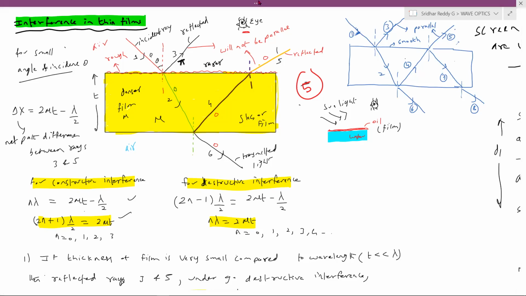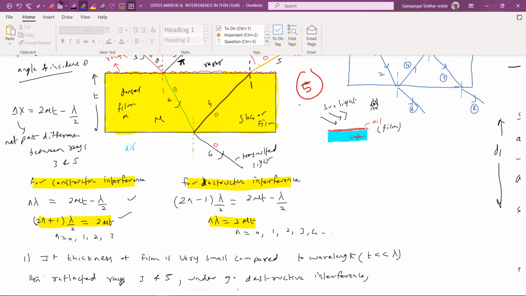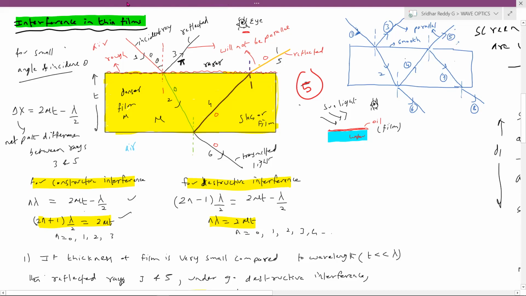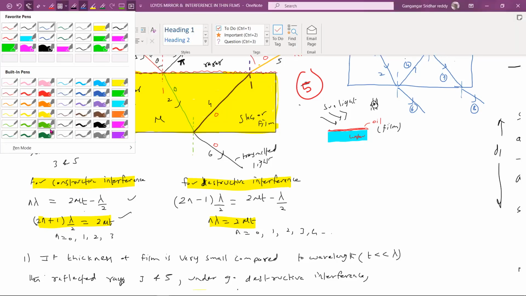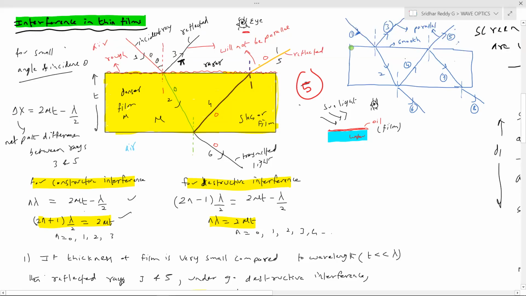But practically, any film you look at will not be smooth, it will be rough. There'll be some deformations. So you look at any surface, it will not be perfectly smooth. Perfectly smooth, 3 and 5 will be parallel and no question of superposition.